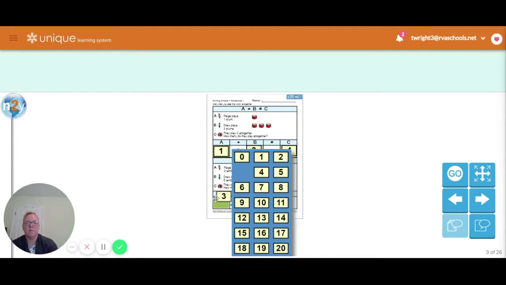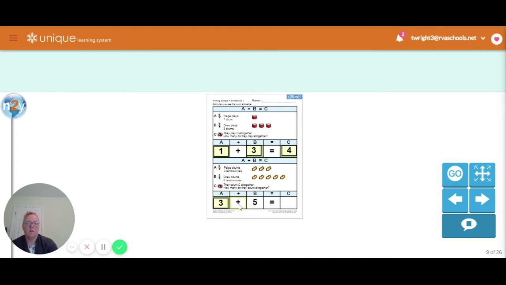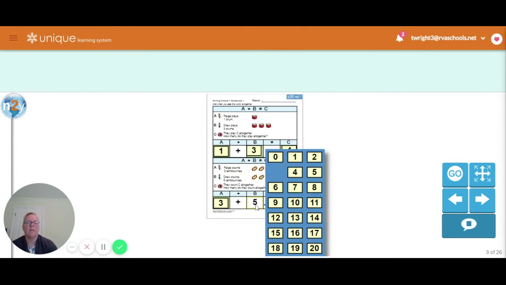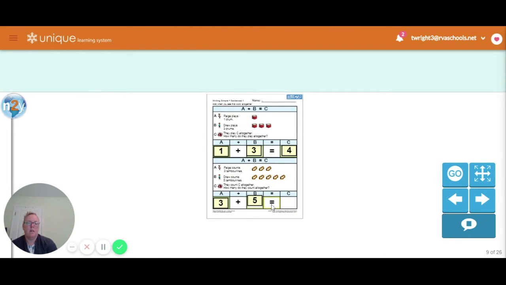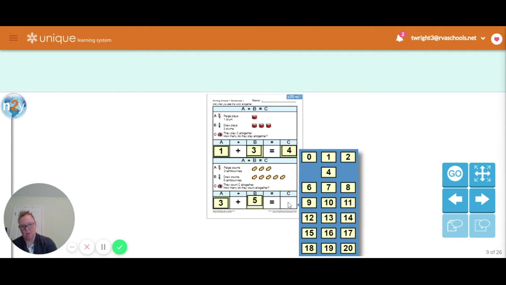That's the 3. Plus, let's find the 5. That's the 5. Equals, let's count them. 1, 2, 3, 4, 5, 6, 7, 8. Who can find the 8? Point to it. There's the 8.